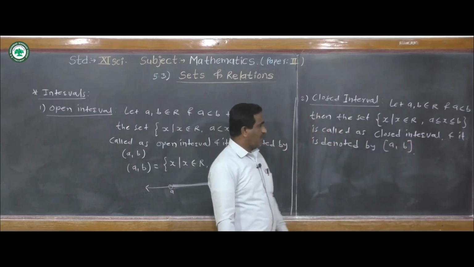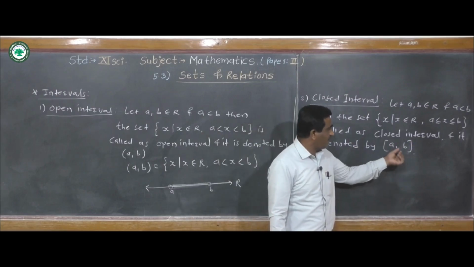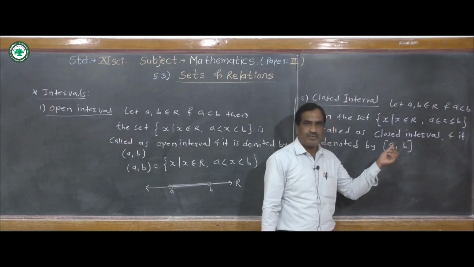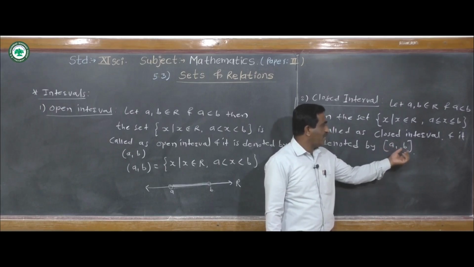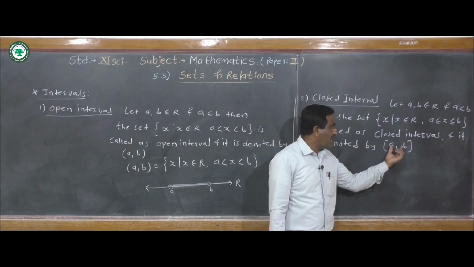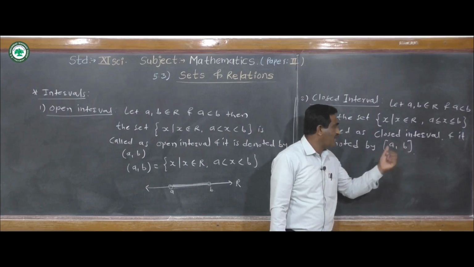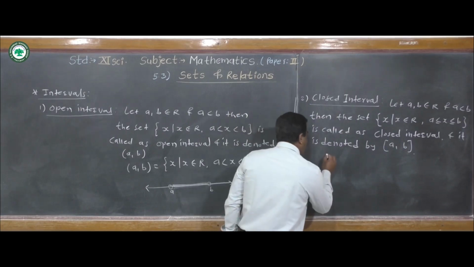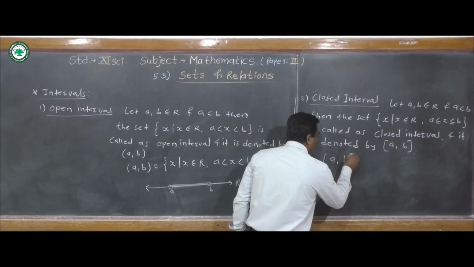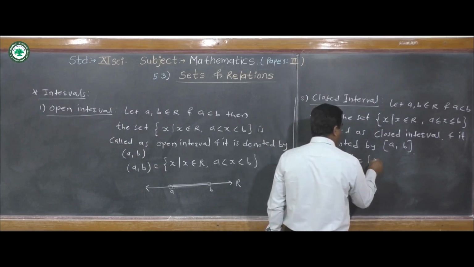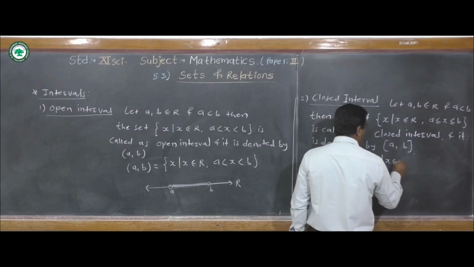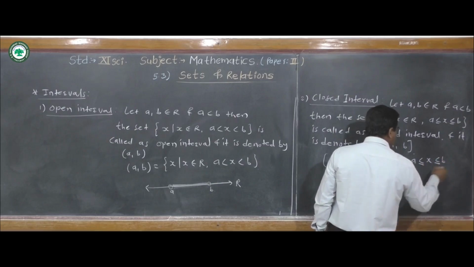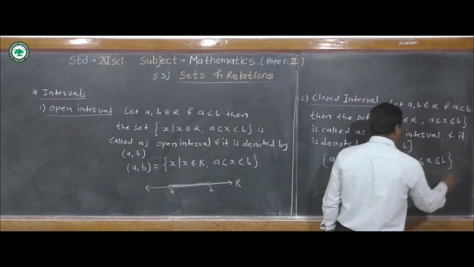Now in this interval the values of x lie between a and b, and the values of x are also x equal to a and x equal to b. That is, the values which lie between a and b are also included in this interval, and the values a and b themselves also lie in the closed interval [a, b]. Mathematically, the closed interval [a, b] is equal to {x such that x belongs to R, a less than or equal to x less than or equal to b}.